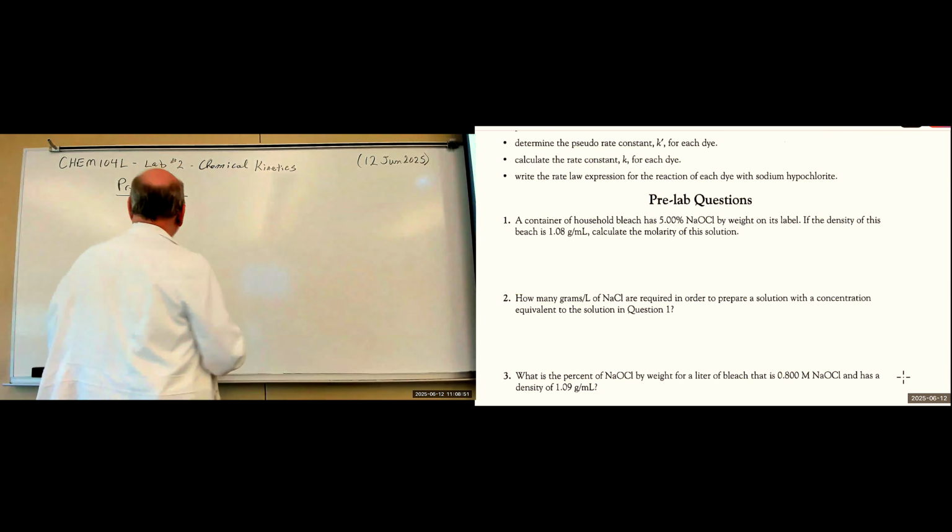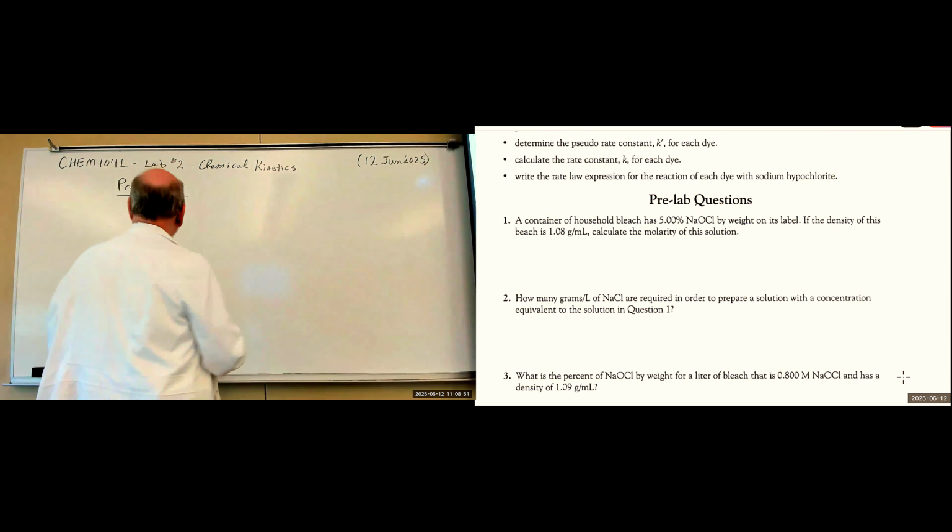The question is, what's the molarity of this solution? And you need to be able to calculate that, because when we write the rate law for this reaction, you're going to have rate equals some rate constant times, let's see, we got bleach and blue.